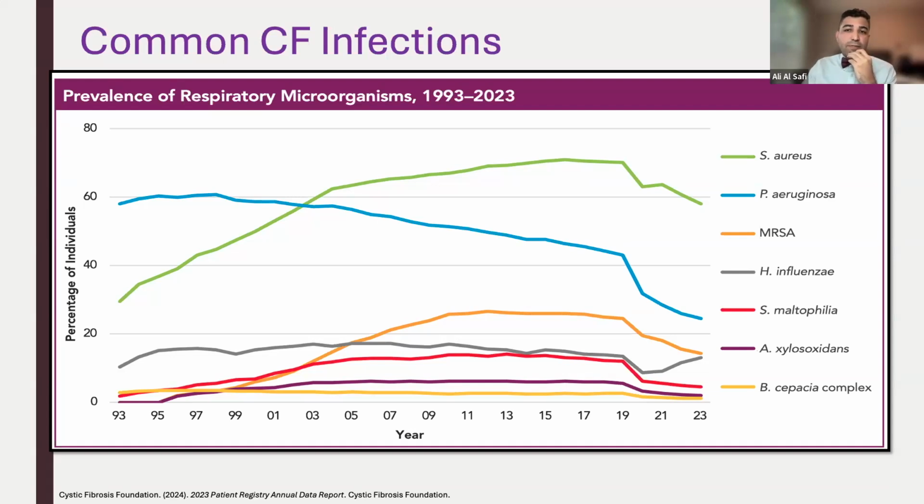And now we have enough data to support that Pseudomonas infection is associated with loss of pulmonary function and decreased survival. Luckily, other pathogens like Burkholderia species complex, Achromobacter, and Stenotrophomonas are not as prevalent, but they are associated with even worse prognosis compared to Pseudomonas.